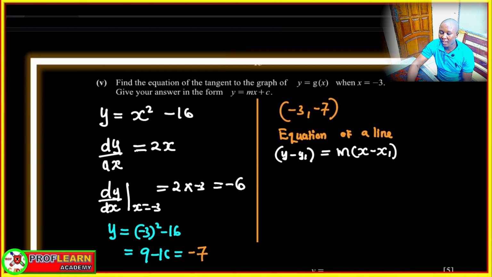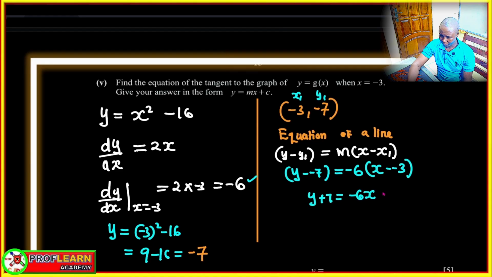In this case, our line passes through the point -3 and -7. So x1 is going to be -3, y1 is going to be -7. Then we can substitute that the gradient is -6.